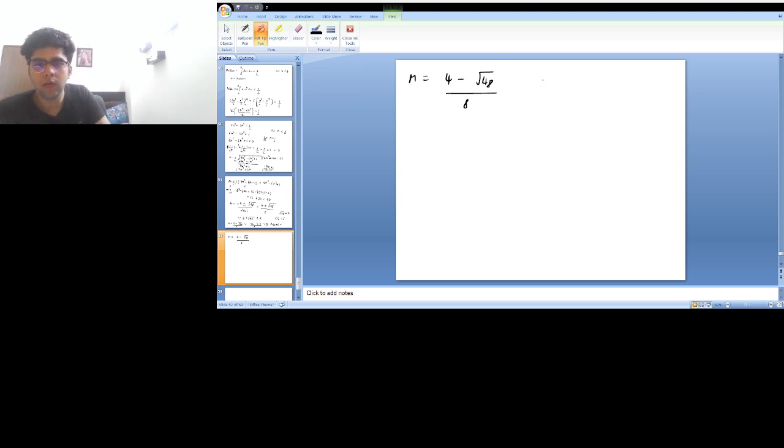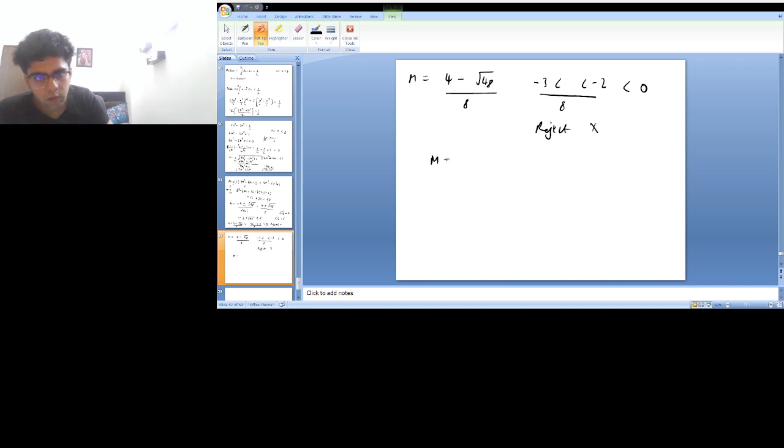So my value will be somewhere between minus 3 and minus 2 upon 8, which is clearly less than 0. Therefore we will reject this again, because this value does not lie between 0 and 1, and therefore this cannot be the median, right? So we are rejecting both of these values.